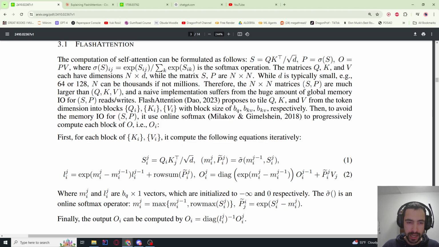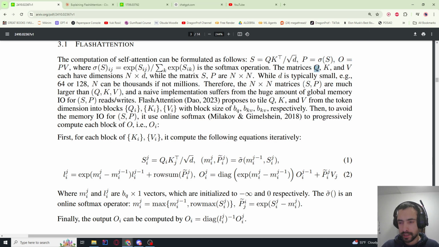First, they explain how this self-attention mechanism works. I think you know that, but let's quickly remind ourselves. So first we get this scaled dot product: query times K transposed over the square root of the dimension. Then we calculate softmax of that scaled dot product, and then we get the output by multiplying the softmax matrix with the values matrix.